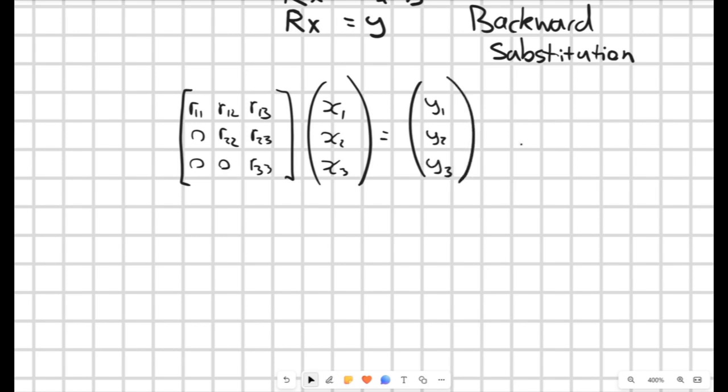With the backward substitution, we're going to start off solving for x3, then we move backwards to solve for x2, and then for x1.